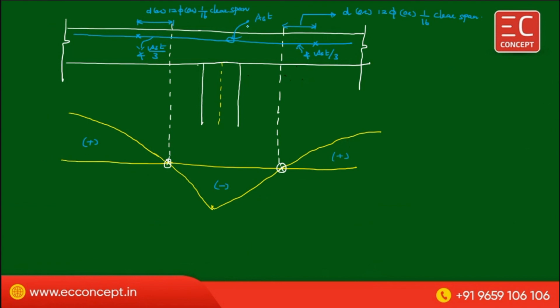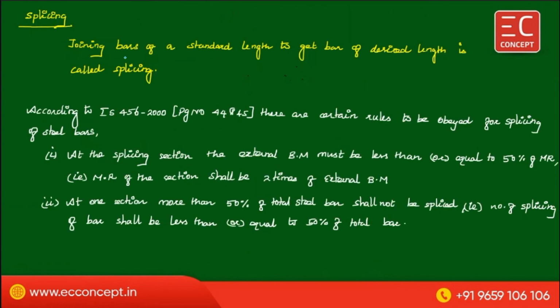Is it okay? Now next important is splicing. What is splicing? Splicing is a connection joining a bar of a standard length to get a bar of desired length. Suppose the desired length is, for example, 20 meters, but your standard length available in the market is, for example, 12 meters.